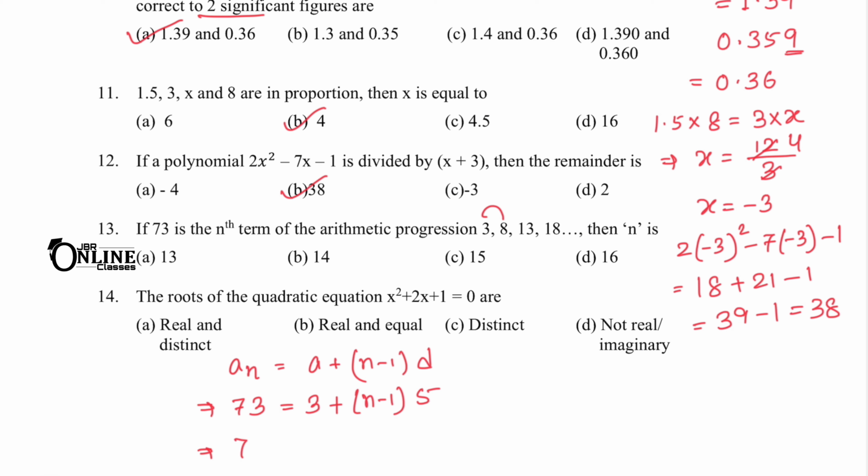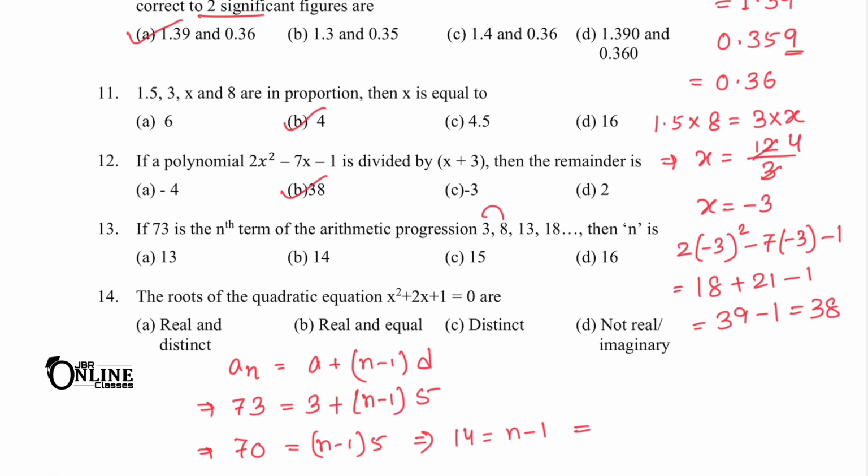So 73 minus 3, it's 70, equals n minus 1 into 5. Now if you divide 70 by 5, then it will be 14. So 14 equals n minus 1. That means n equals 15. So C is your answer.